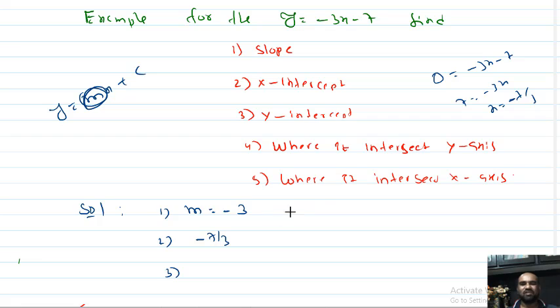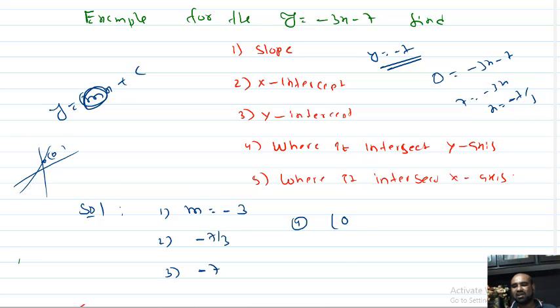Next, the y-intercept. To find the y-intercept, put x equal to 0. X equal to 0, y equal to 0 minus 7, which is minus 7. So, minus 7 is the y-intercept. The interesting thing is where it intersects the y-axis. At that point, the x coordinate is 0 and the y coordinate is the y-intercept only. So, 0 comma minus 7.